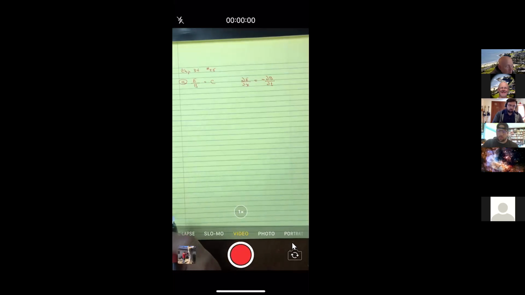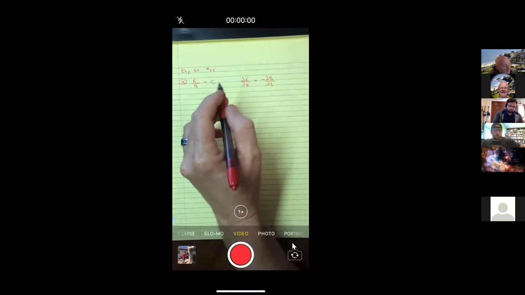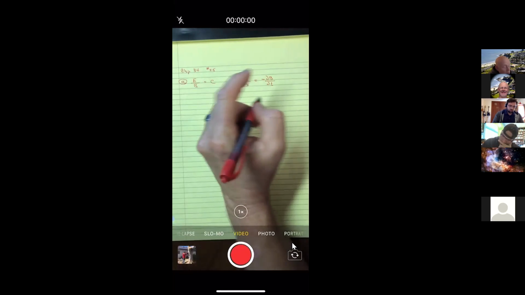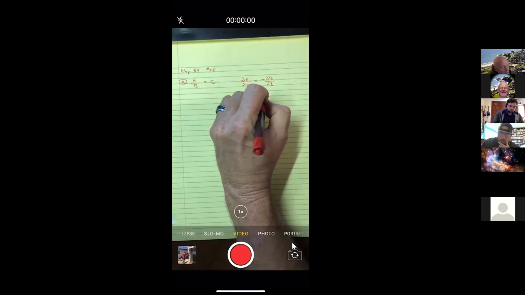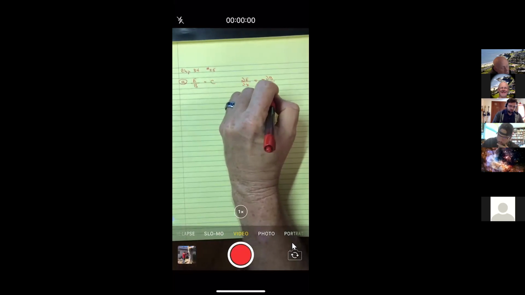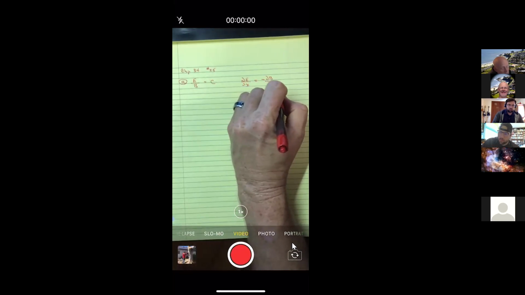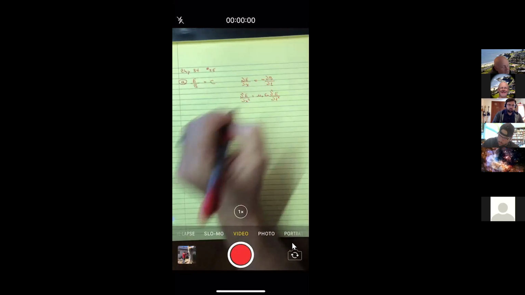Now, remember that actually followed the equation we were just doing, where the second derivative of the electric field with respect to space equals mu naught times epsilon naught times the second derivative of the electric field with respect to time.